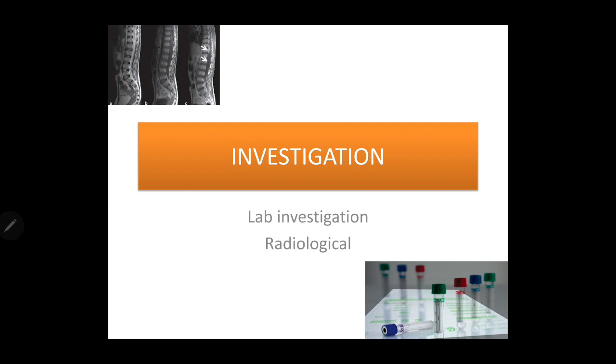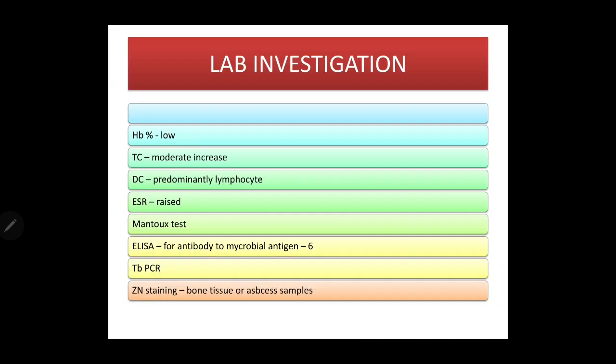Coming to the investigations, obviously all of us know that you need both lab investigations and radiological investigations. In the lab investigations, I'm pretty sure you'll have a low Hb, a moderate increase of the total count, and in the differential count you would predominantly see increased lymphocytes, and ESR which is also raised.